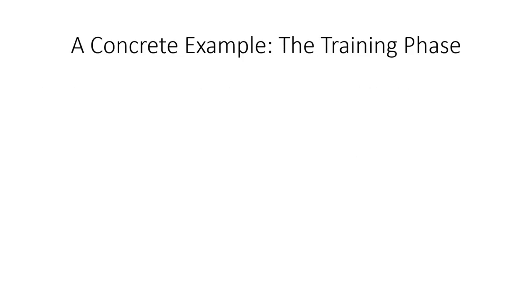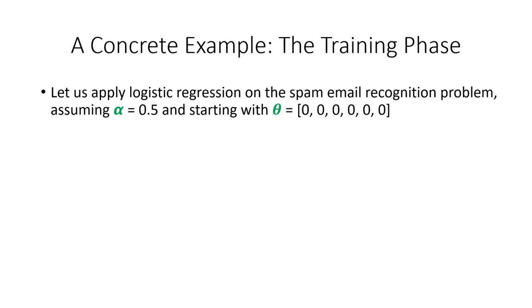For a concrete example in the training phase, let us apply logistic regression to spam email. Some emails we receive are genuine, some are spam. Google and Microsoft Outlook also classify them and automatically send spam to the spam folder if it is not your concern.